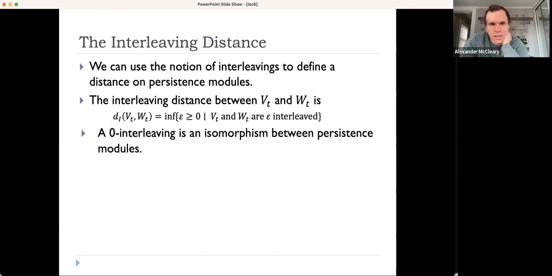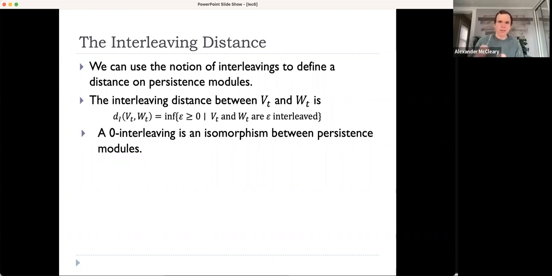Well, in this case, if our persistence modules are nice enough, then the interleaving distance being 0 is equivalent to there being a 0 interleaving. And a 0 interleaving is nothing but an isomorphism between persistence modules.